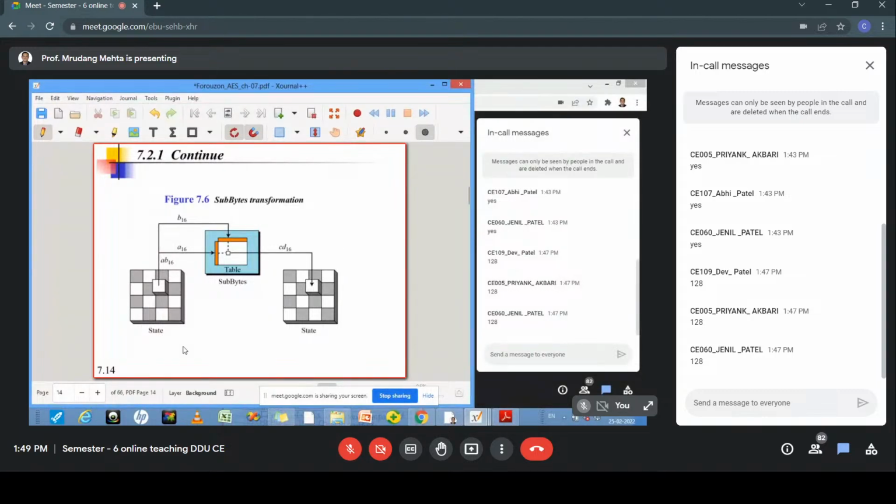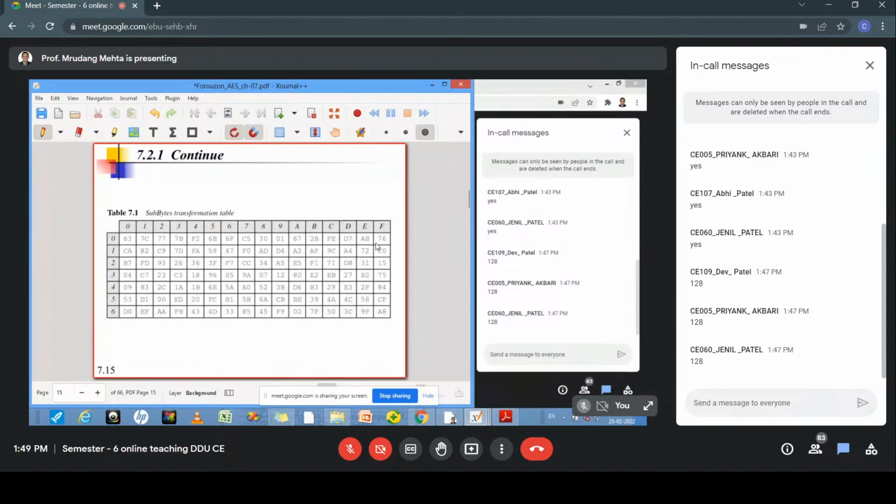You can see that this is a state and this is a sub byte. Now sub byte in a table. This is row, this is column. So A16, B16, row and column, right? We have to convert this state into another state, and how? With the help of the substitution table.